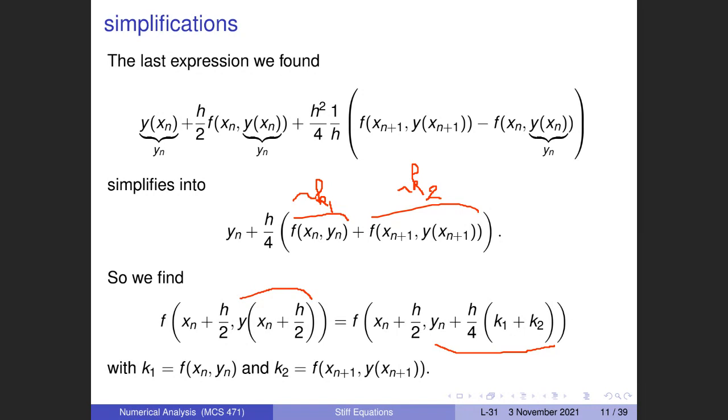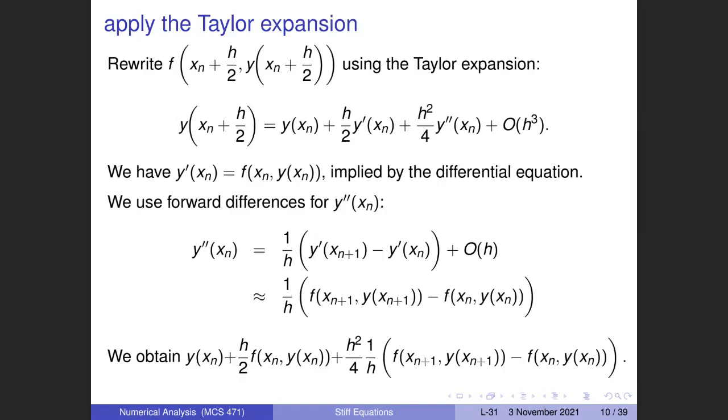So let me back up a little bit. The rewriting was necessary because we cannot write the expression that is over here. y is the unknown function that we're looking for. So we want to rewrite this unknown y at the middle using the Taylor series expansions and using the function values that we have already computed.